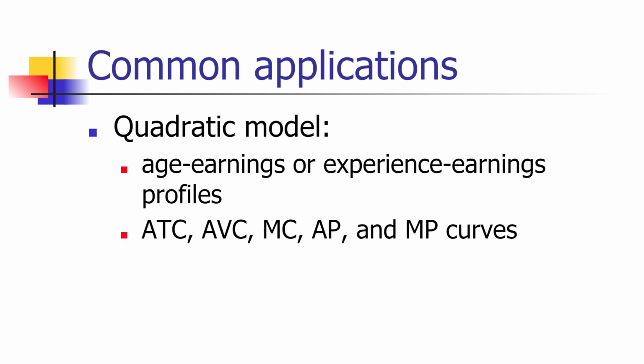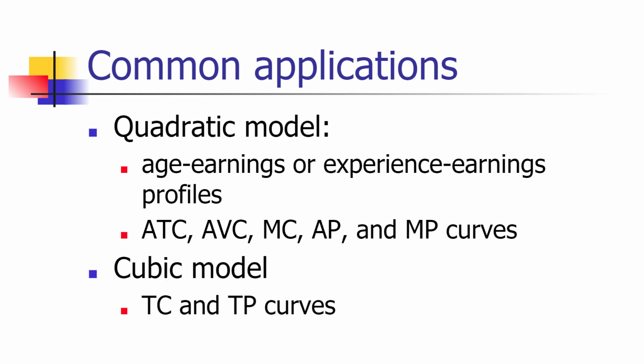If you think back to your principles of micro course, average total cost, average variable cost, marginal cost, average product, and marginal product curves all can be approximated by a U-shaped curve or an inverted U-shaped curve, or some portion of those curves. And the shape of total cost and total product curves that you've seen in your introductory economics courses look very much like those S-shaped or inverted S-shaped curves that we've just seen.